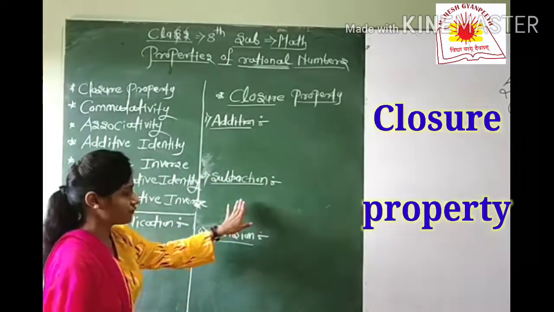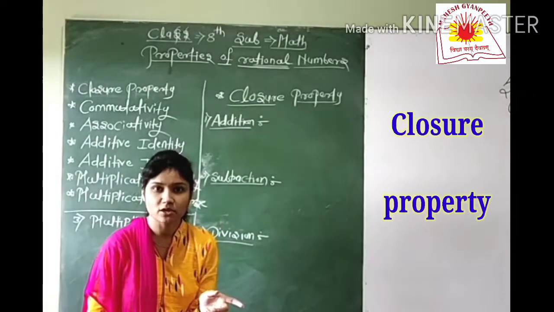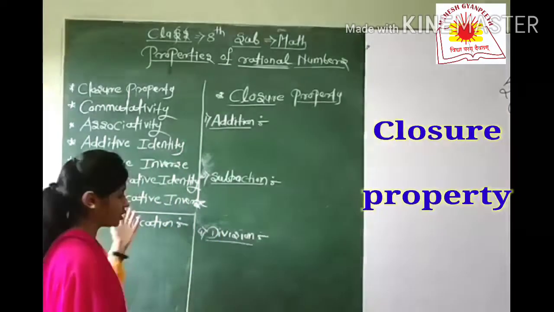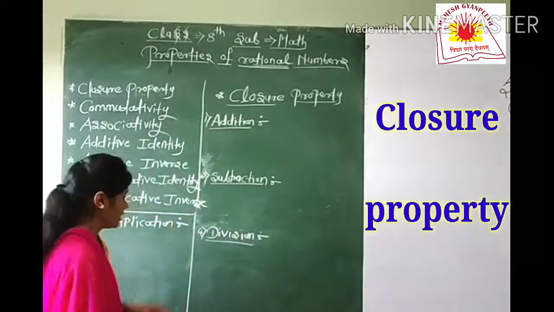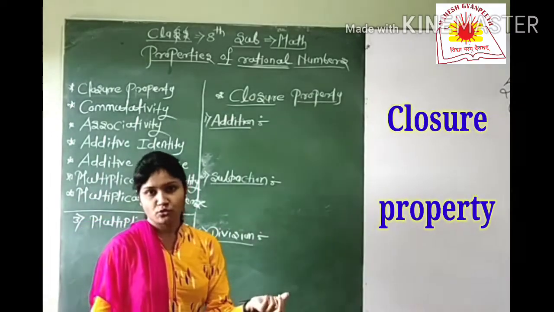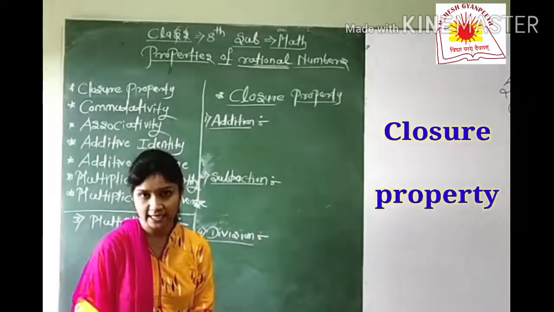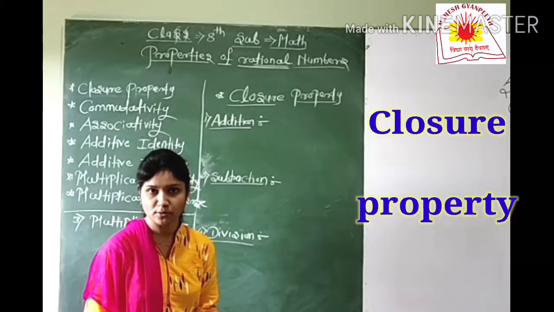After that, subtraction: if two numbers are subtracted, their difference is also a rational number. In multiplication, if two numbers are multiplied, their product is also a rational number. Then division: if two numbers are divided, their answer is also a rational number. We have to check it properly. Okay, you understand what the closure property is.